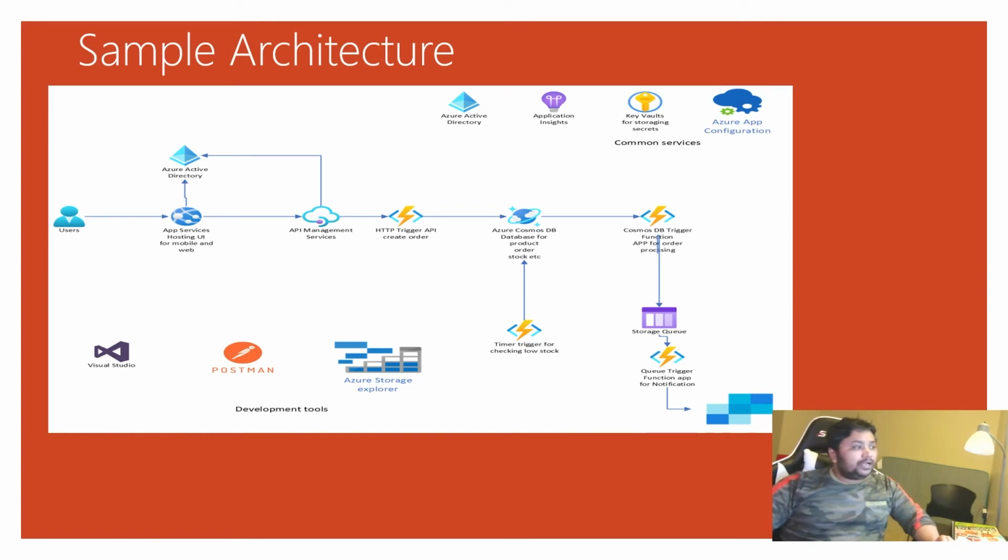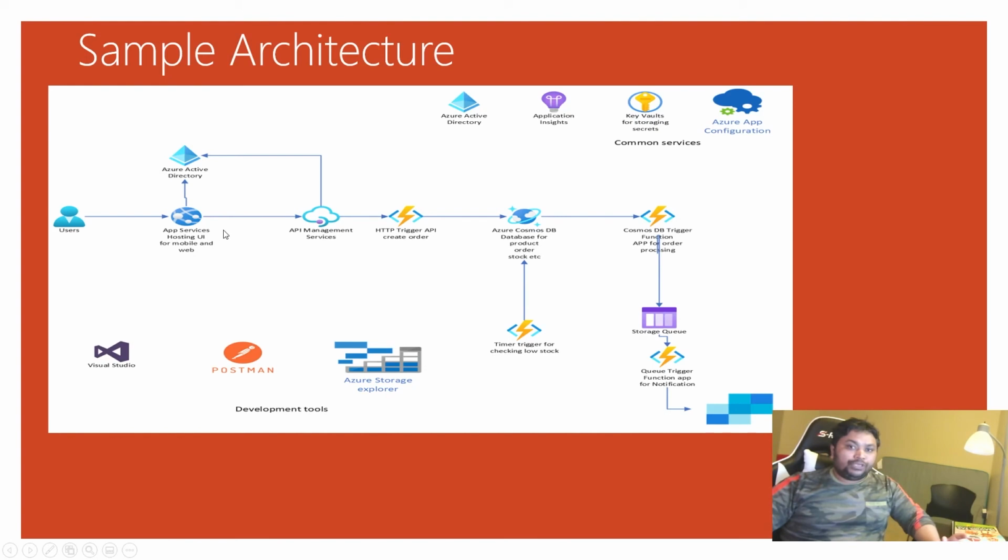It will connect with Azure Active Directory for authentication and authorization. Azure Active Directory is another service where you can configure your users and the permissions of your application, and build accordingly.